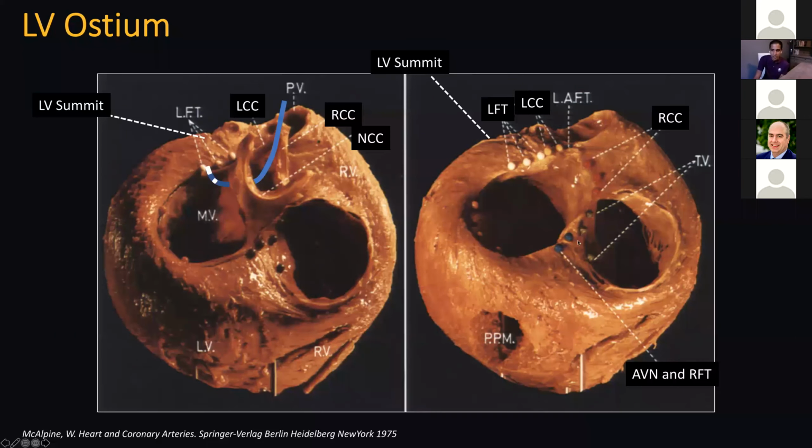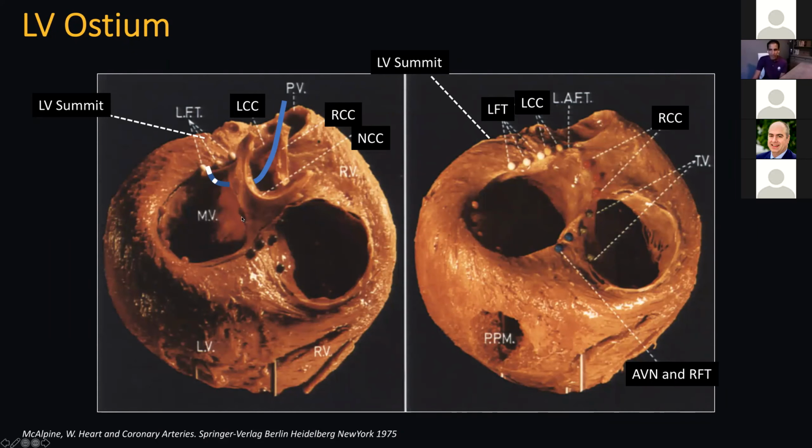It includes the interventricular septum, the right coronary cusp, and the anterior part of the left coronary cusp. The fibrous portion is almost like a curtain, which extends from the anterior leaflet of the mitral valve down to the non-coronary cusp of the aortic valve. This fibrous curtain, if you will, is the aortomitral continuity, the AMC.